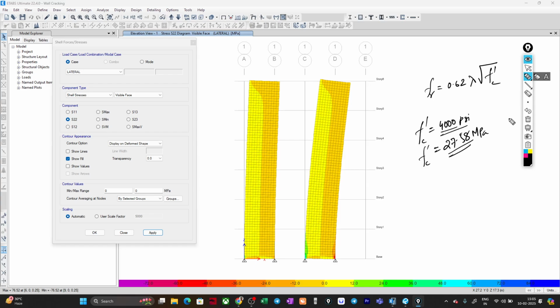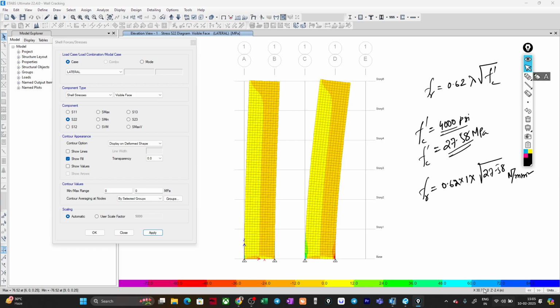So in this case, how do we find Fr? Fr in Newton per mm square will be 0.62 times 1 times root under 27.58 Newton per mm square, or MPa. Correct?